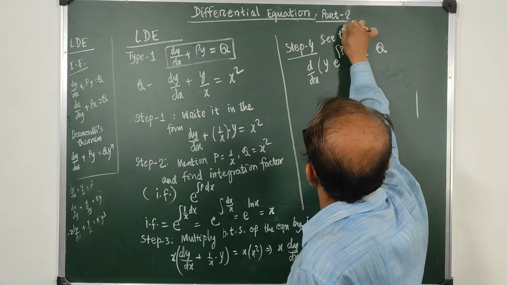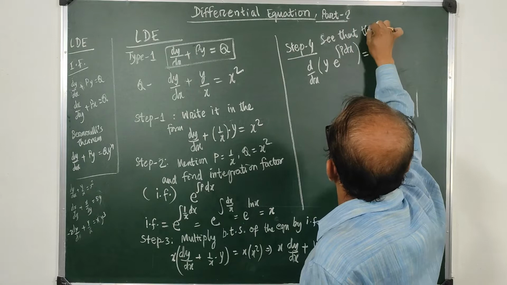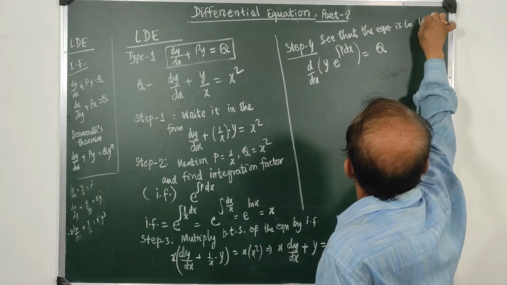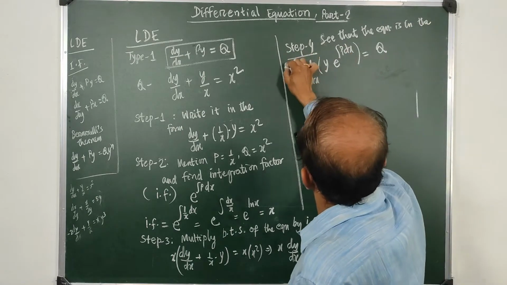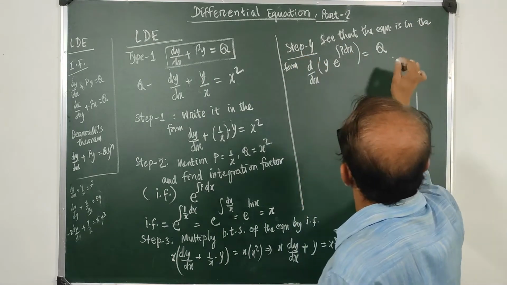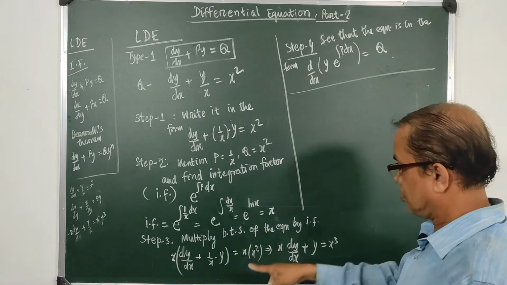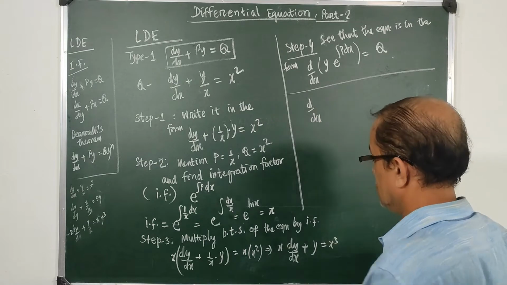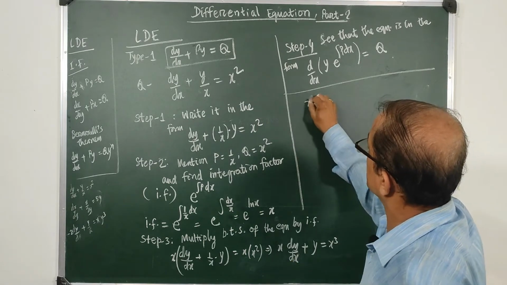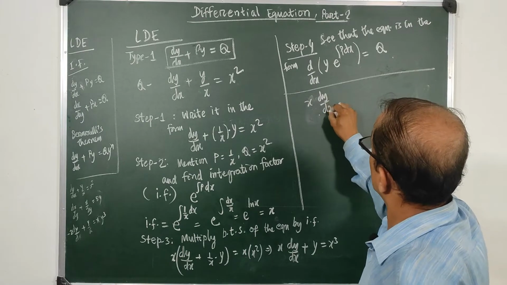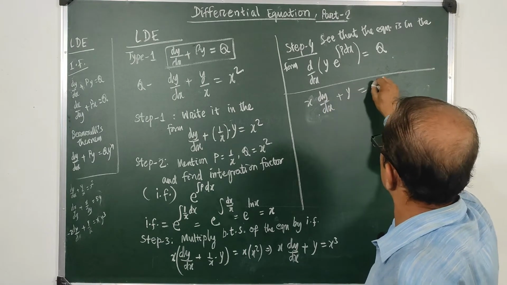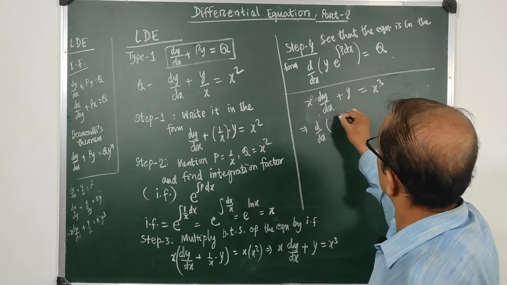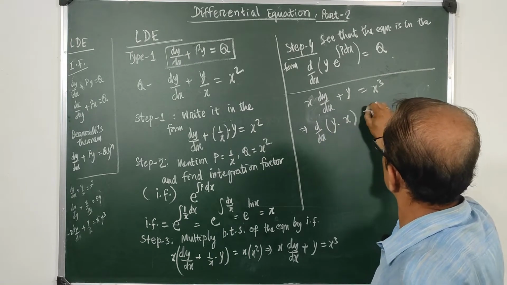See that the equation is in the form that you have to see. So let us find. Here we have got x dy by dx plus y is equal to x cube. That means this is d by dx of y into x, which is x cube.